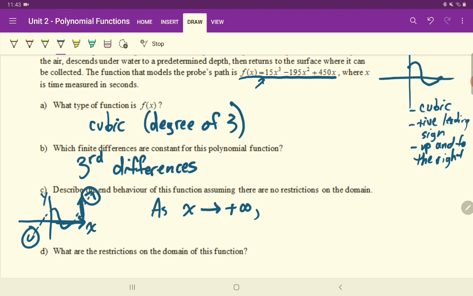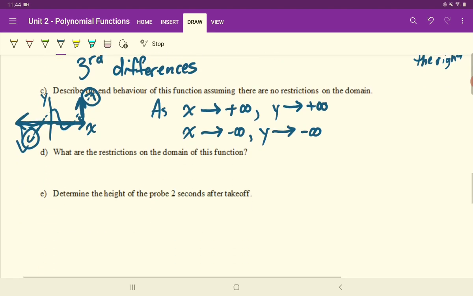This curve is also moving up, so y is also approaching positive infinity. And as x approaches negative infinity, y is going to also approach in the same way. Our graph is going downwards, so y is also approaching negative infinity. Okay, so fairly straightforward so far.